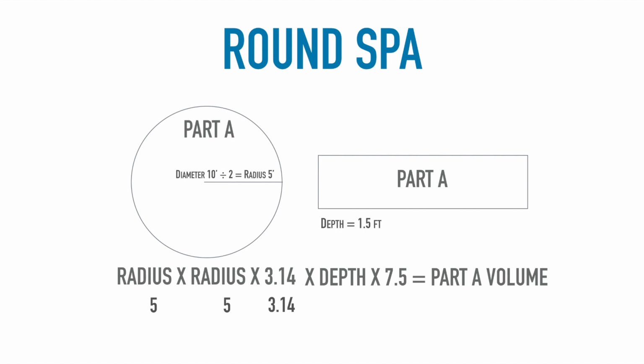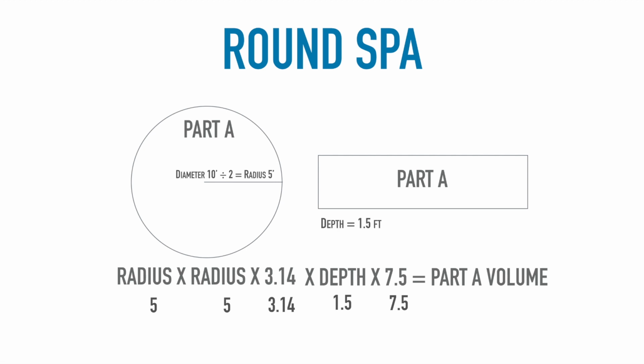Now remember, what's the depth in this section? The test question tells us it's 1.5 feet. So let's plug in our 1.5. And then we also need to include our 7.5, our constant. So let's do that math all the way across. 5 times 5 times 3.14 times 1.5 times 7.5.